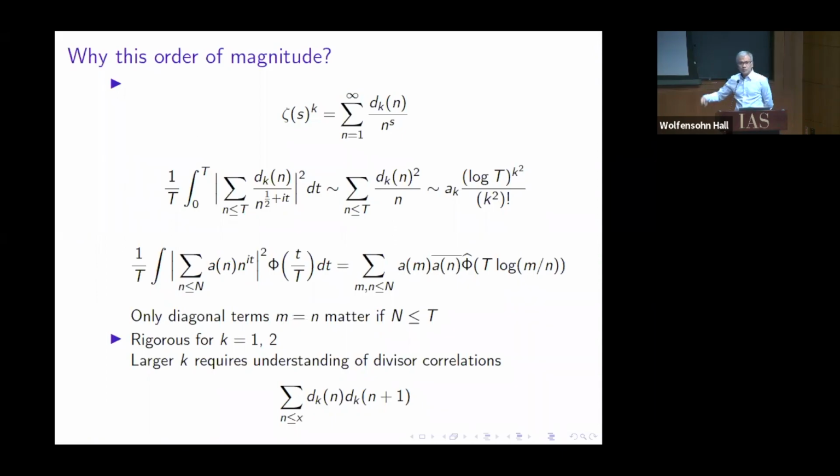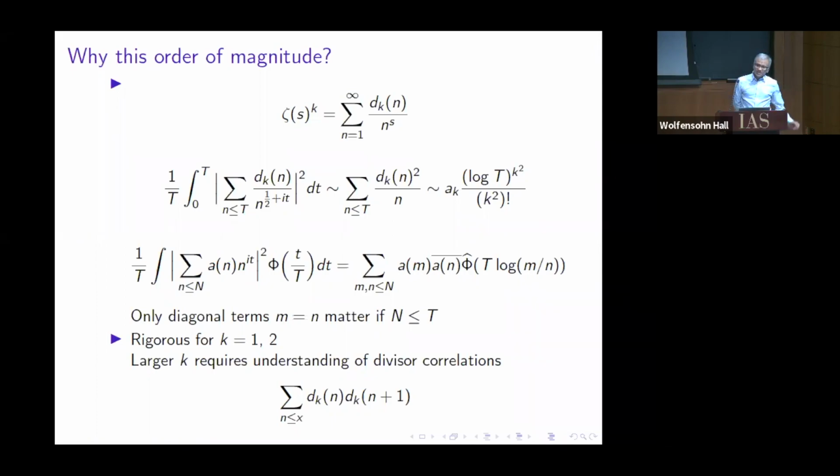Imagine it's a nice, smooth function, so it will decrease rapidly as you move away from 0. So only the terms m equal n will matter, where this will be phi hat of 0. For everything else, if n is smaller than t, what you're putting into the Fourier transform here will be something that's growing, and you can neglect all of those terms by just the decay of the Fourier transform.